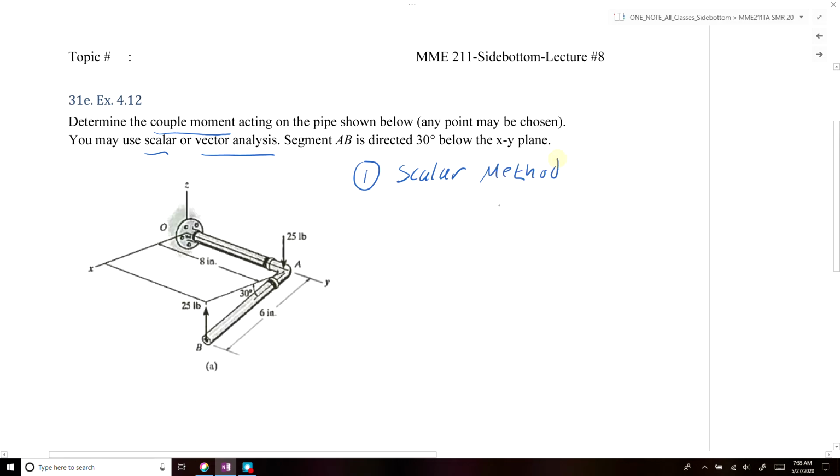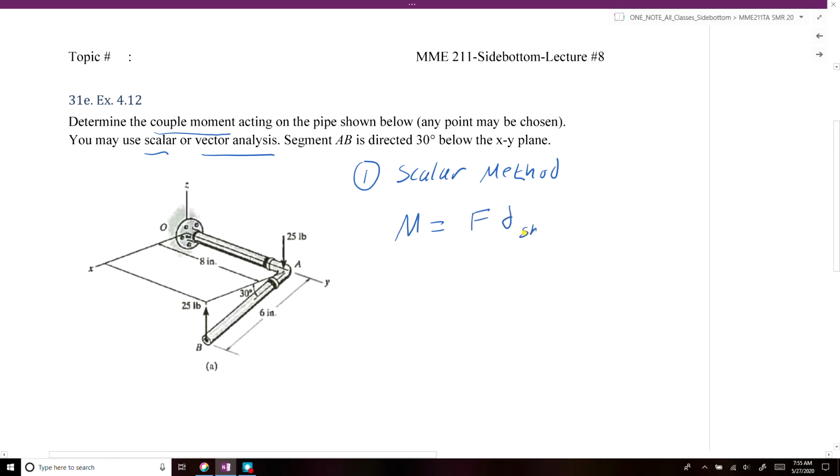So the scalar method for a couple moment is going to be equal to F times D, where D is the shortest distance between our two couple forces.